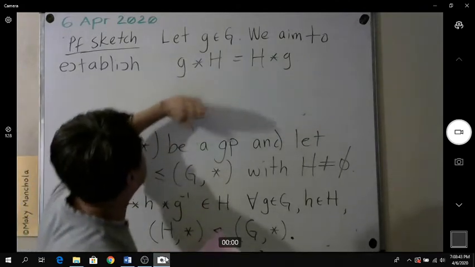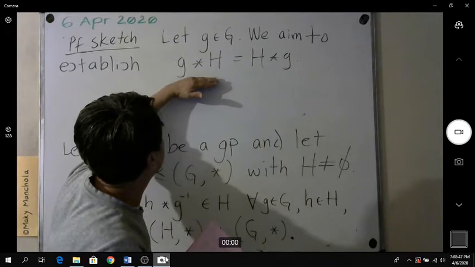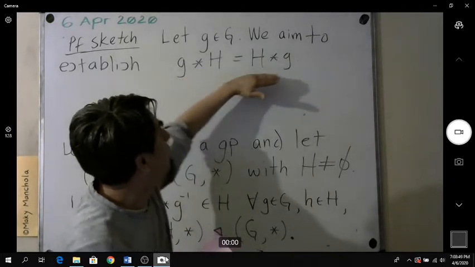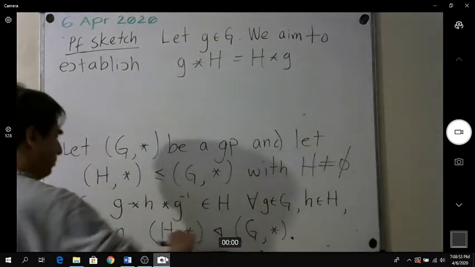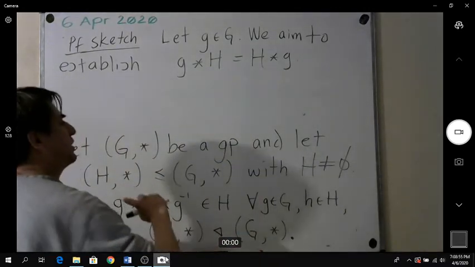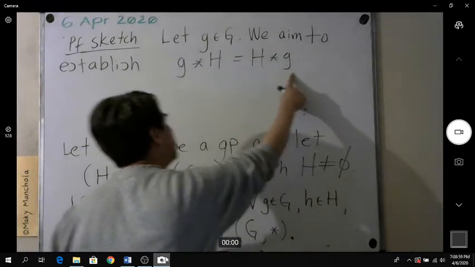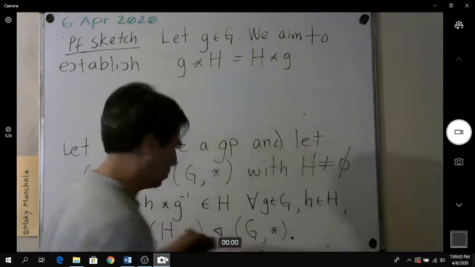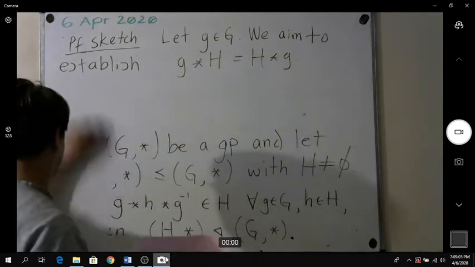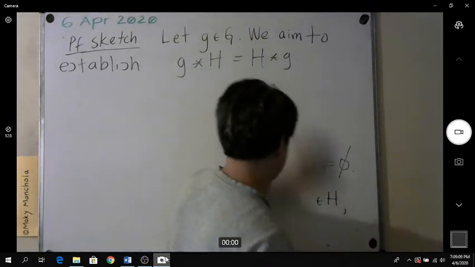We're going to pick an element of g star H, and we're going to demonstrate that it also is an element of H star g. And then, of course, the opposite will have to be established as well. Pick an element of H star g, show that it belongs to g star H. Once those two steps are completed, you have a proof of the statement.